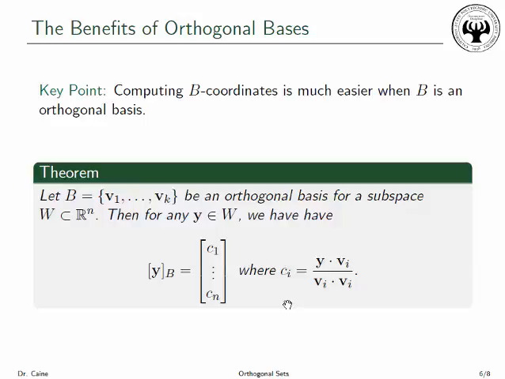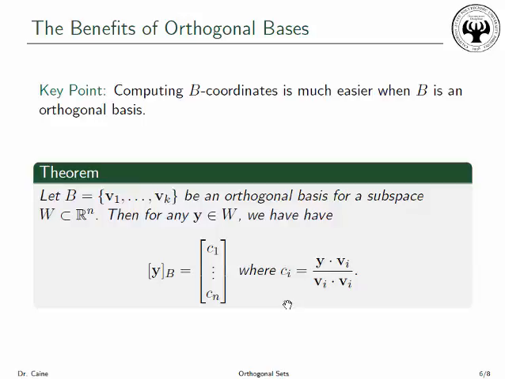So one of the main benefits of orthogonal bases is that it becomes much easier to calculate the B coordinates when the basis is an orthogonal basis. So the theorem that we're going to prove is that if B is a set v1 through vk of vectors and it forms an orthogonal basis for a given subspace W of Rn, then for any vector y in that subspace, we know that it has coordinates in terms of that basis.